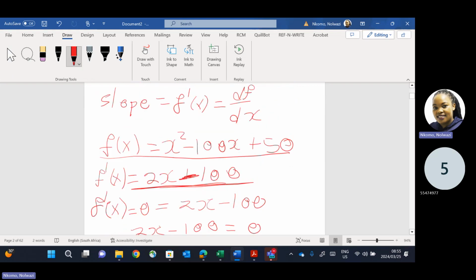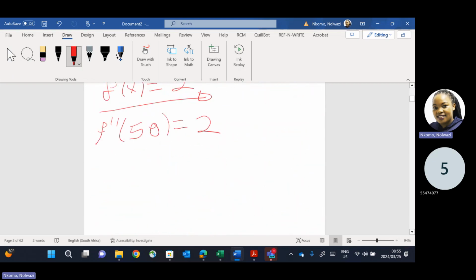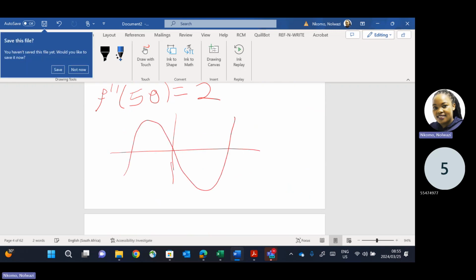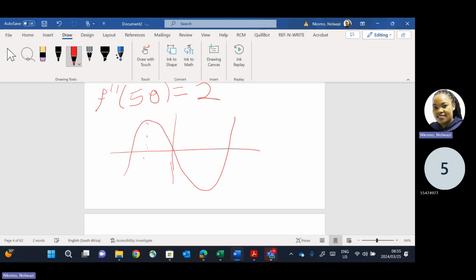Suppose we have something like this. We have a function, maybe like this, and let's say you have -2 here. This is 0. Let's say this is 3. And so on. Here we have 3, here we have -2.